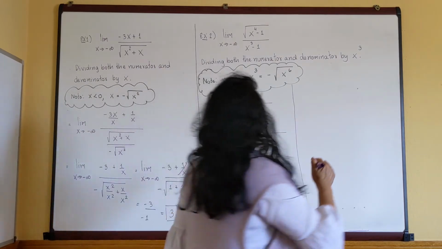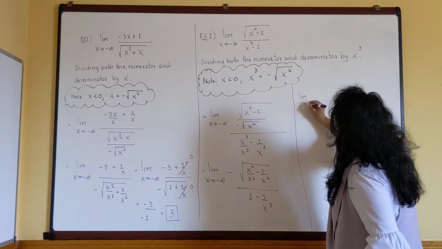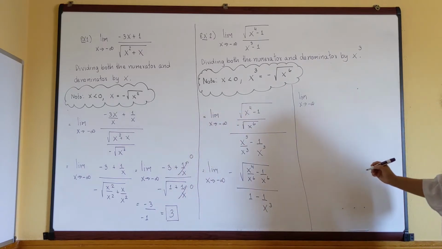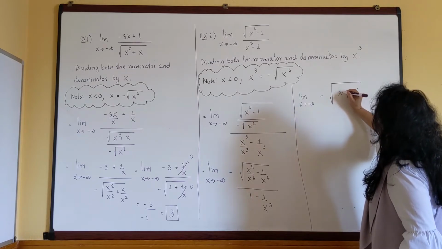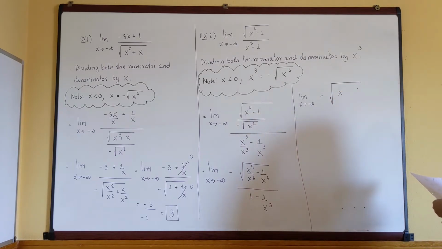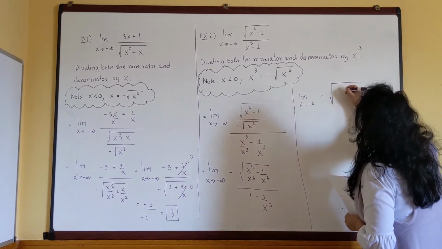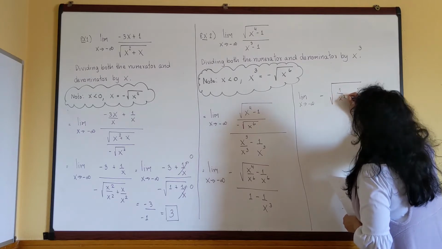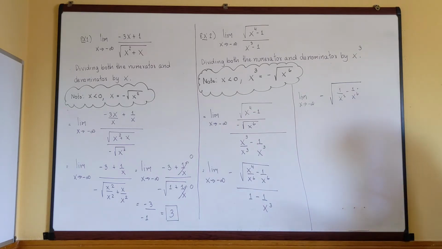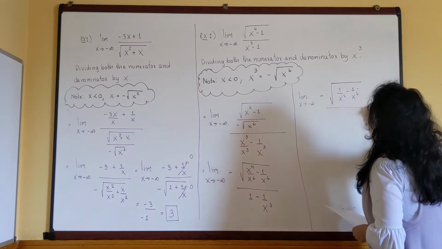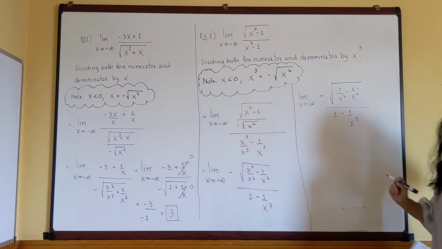Let's continue to the next board. So I'm going to have limit as x approaching negative infinity. If I simplify this, I would have square root of, I can reduce, so it's 1 over x squared actually, minus 1 over x to the 6th. The denominator, I would just have 1 minus 1 over x cubed.